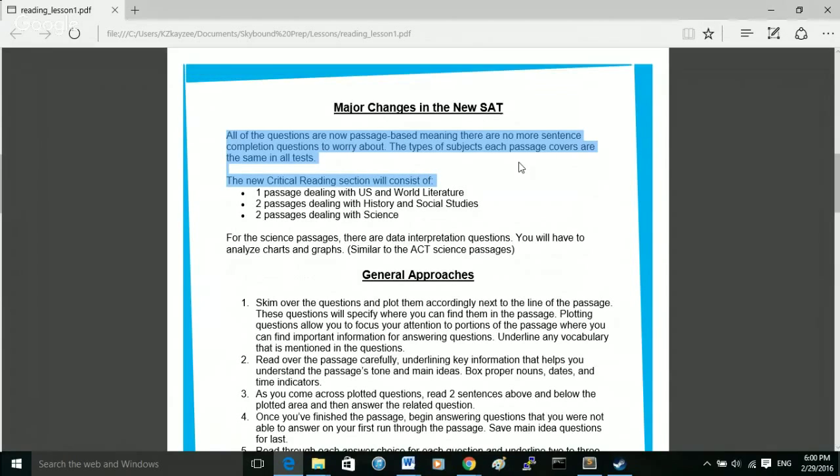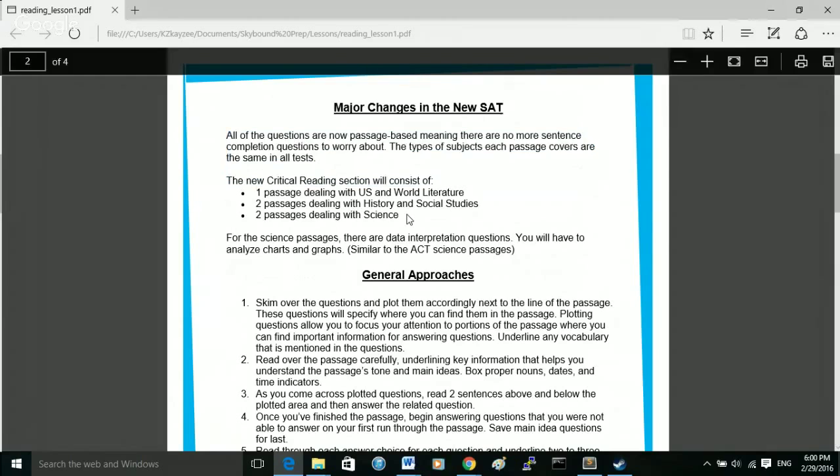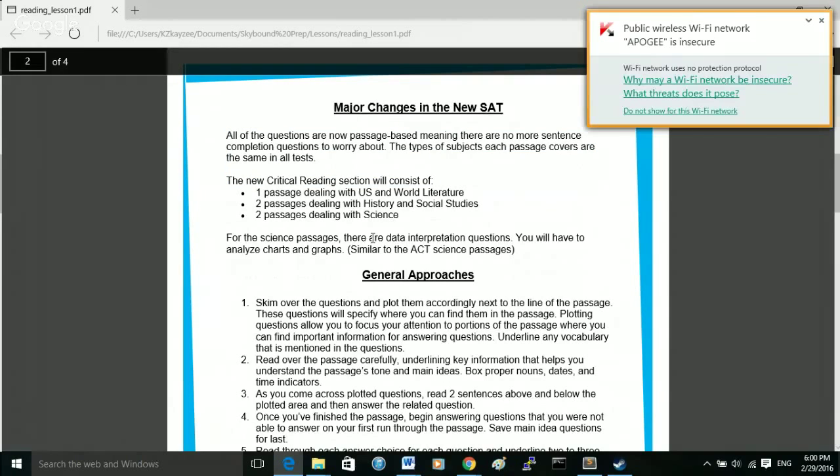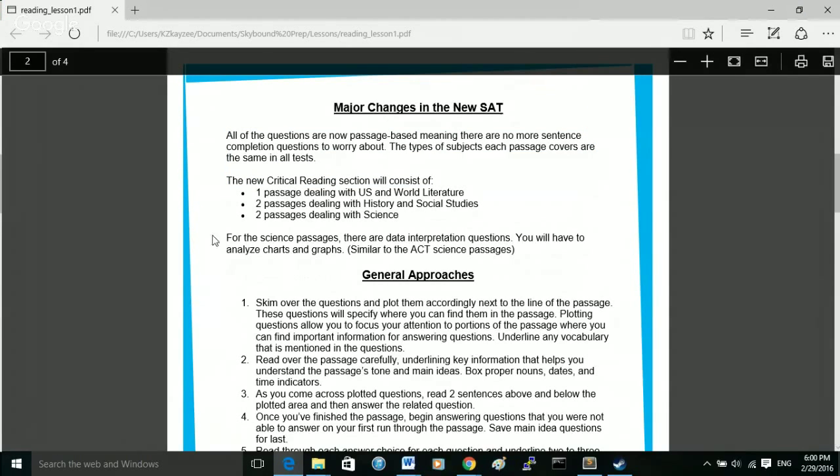So first of all, there's going to be one passage dealing with the U.S. and world history, 2 passages dealing with history and social studies, and 2 passages dealing with science. And for the science passages, keep in mind that these are similar to the ACT questions, and they have data interpretation questions that will have you analyze charts and graphs.